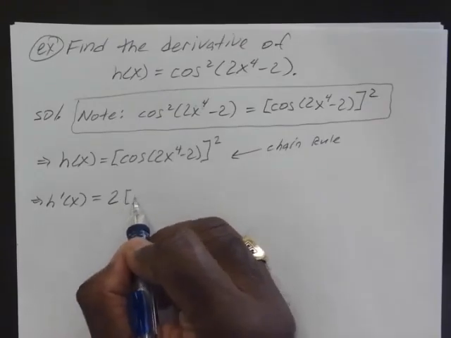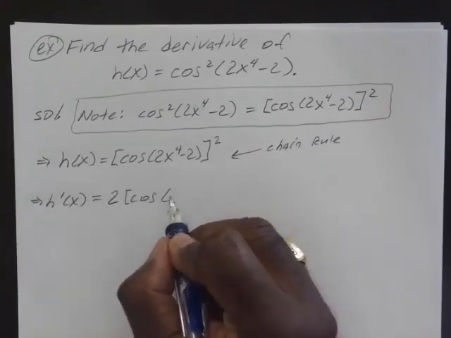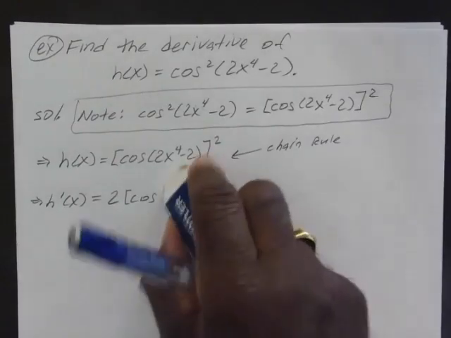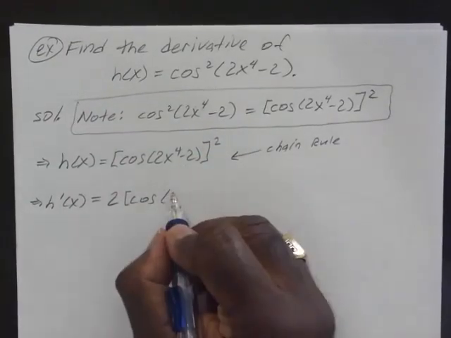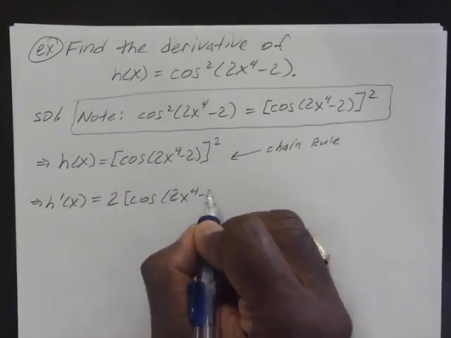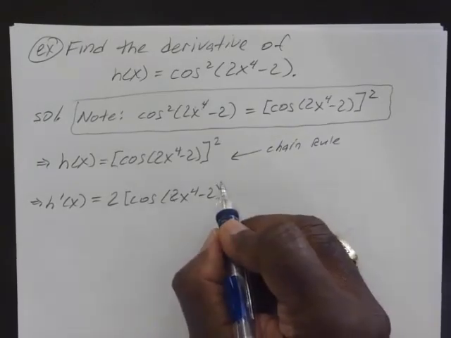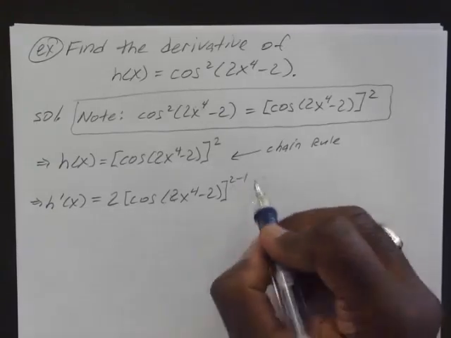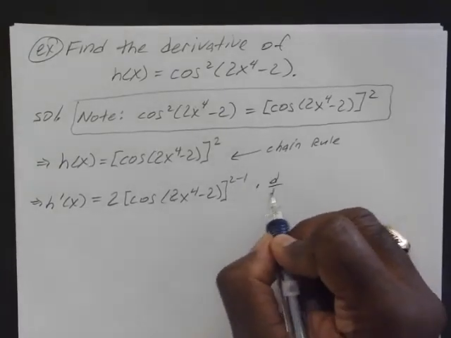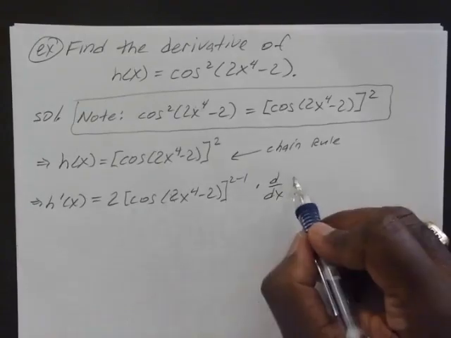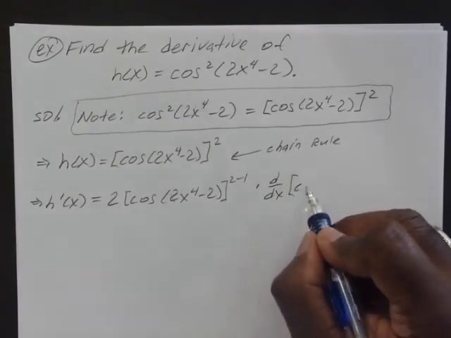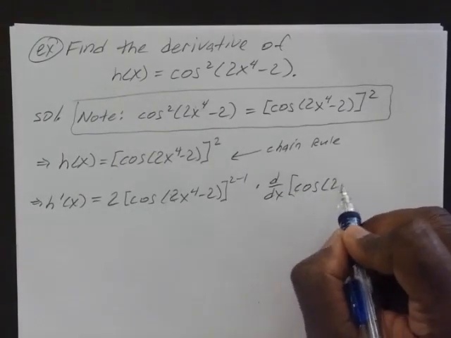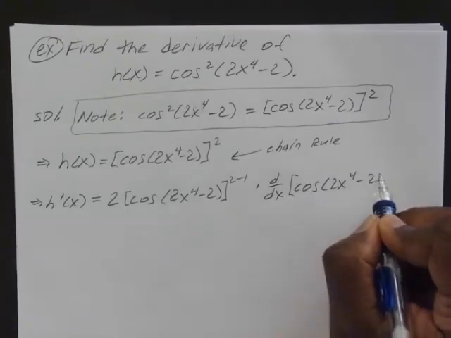So 2 times cosine of 2x to the 4th minus 2 to the power of 2 minus 1 times the derivative of what's inside. So that's times the derivative of cosine of 2x to the 4th power minus 2.